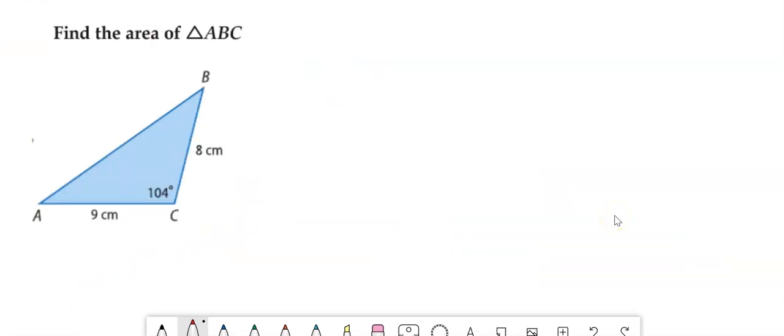Now we have been asked to find the area of triangle ABC here, where the side length AC is given to us as 9 centimeters. The side length BC is given to us, and the included angle between these two sides is also given to us, 104 degrees. Now using the formula, we can easily find out the area.